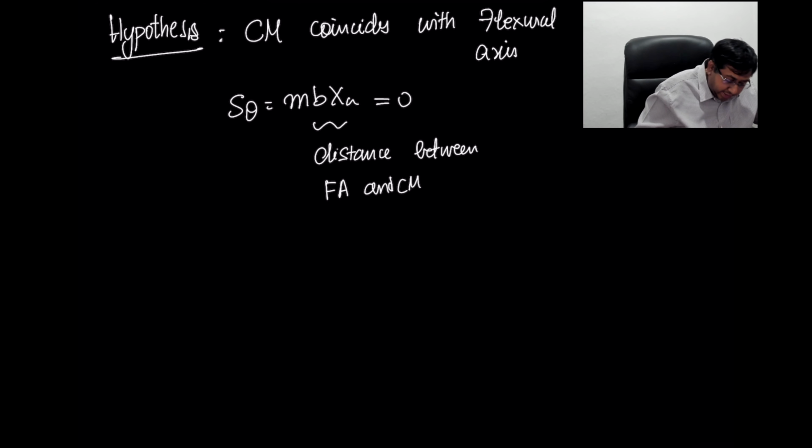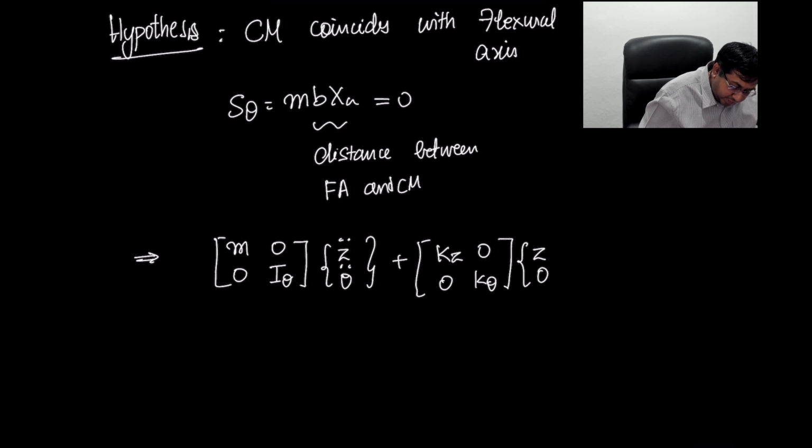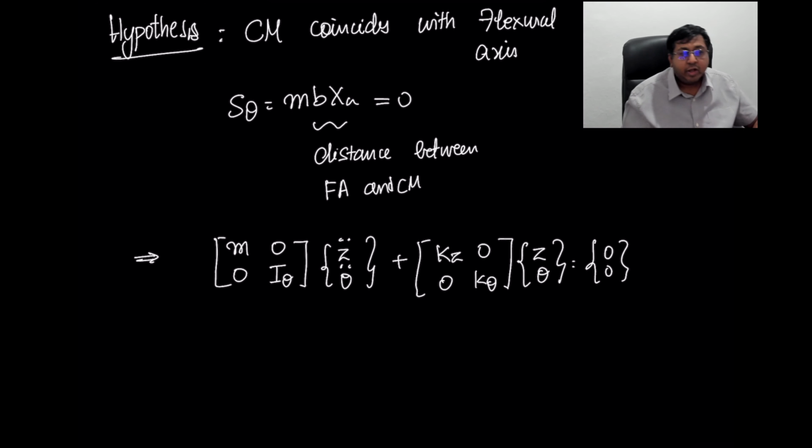So that means now our system changes. That implies our equation of motion is the matrix m, 0, 0, I theta times z double dot, theta double dot, plus k z, k theta, times z, theta equals 0, 0. As you can see now, there is no coupling between the heaving and the pitching motion.